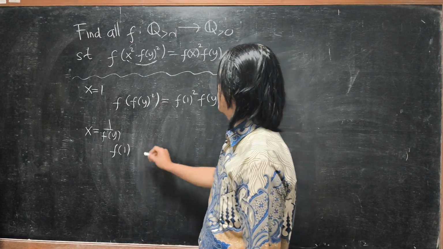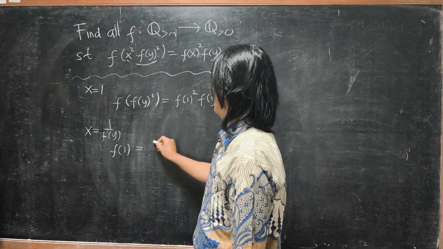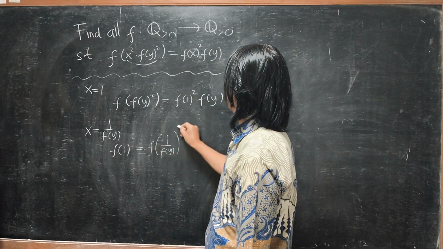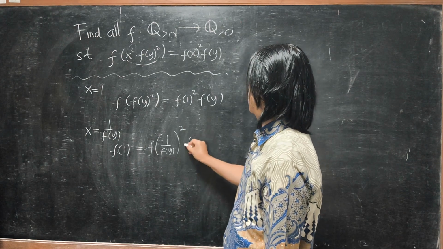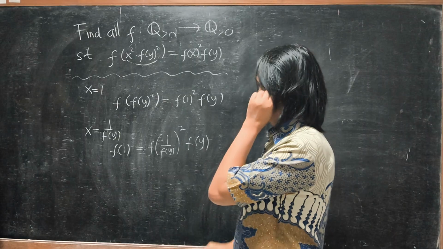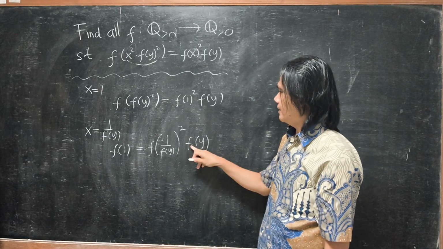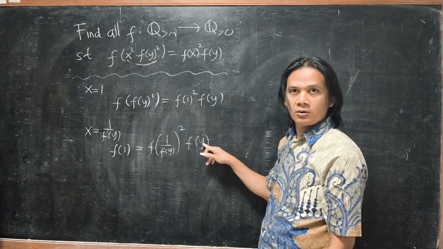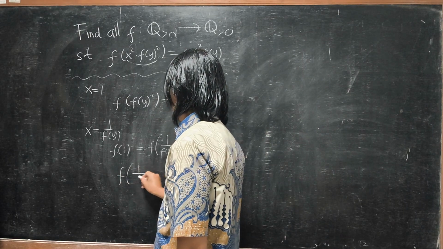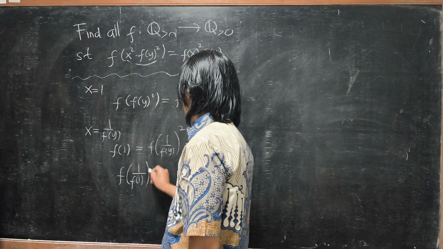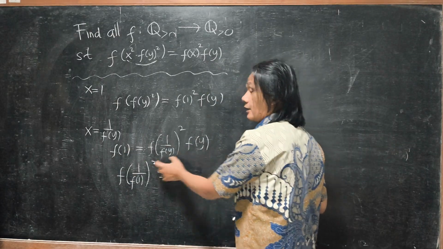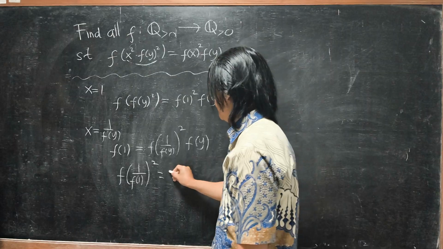Then the statement reads f of 1 is equal to f of 1 over f(y) squared times f(y). Now if we plug in y equals 1, then we have f of 1 over f(1) squared is equal to f(1) divided by f(1), which is equal to 1.